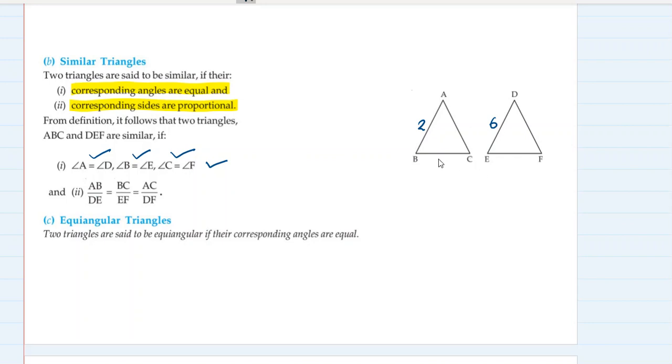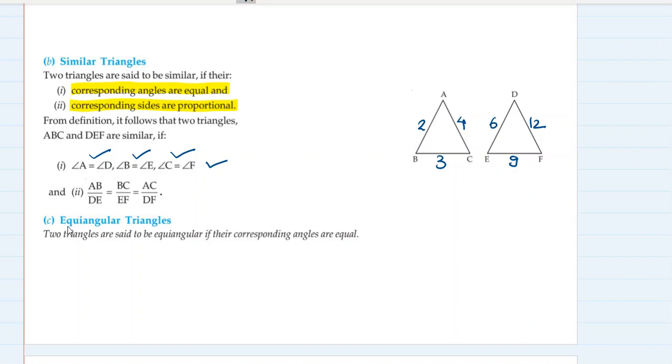BC is 3 centimeter, EF is 9 centimeter. The ratio is 1 is to 3. AC is 4 centimeter and DF is 12 centimeter. What is the ratio of AC and DF? 1 is to 3. So all the corresponding sides ratios are equal. That means both the triangles are similar. All the corresponding angles must be equal and all the corresponding sides must be proportional.